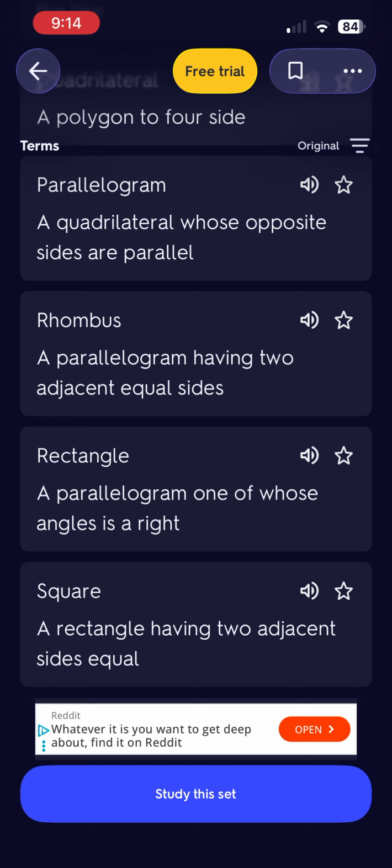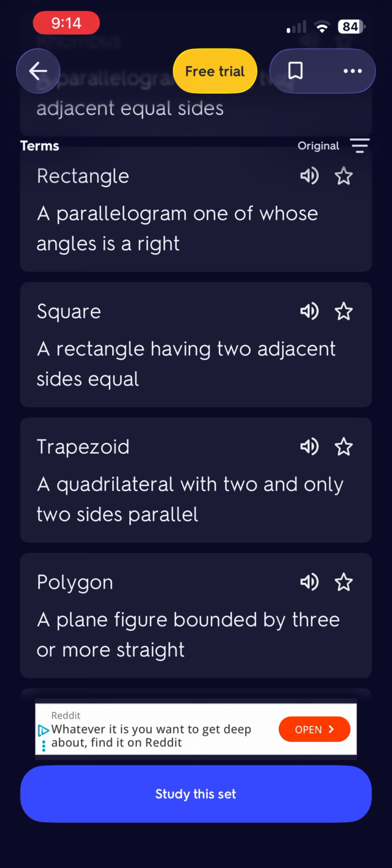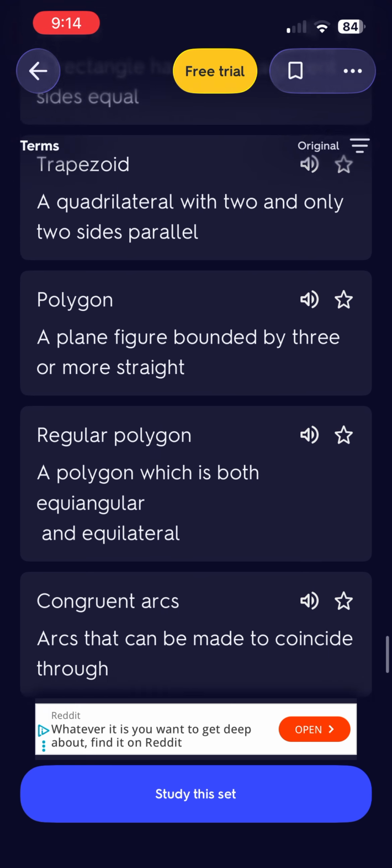Rectangle. A parallelogram one of whose angles is a right angle. Square. A rectangle having two adjacent sides equal. Trapezoid. A quadrilateral with two and only two sides parallel.